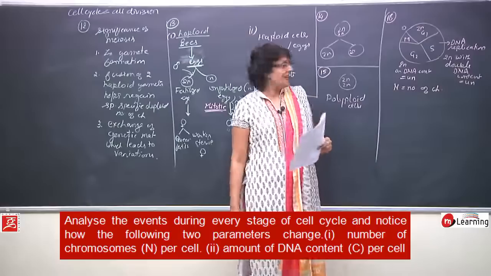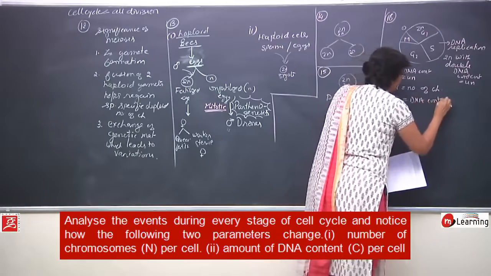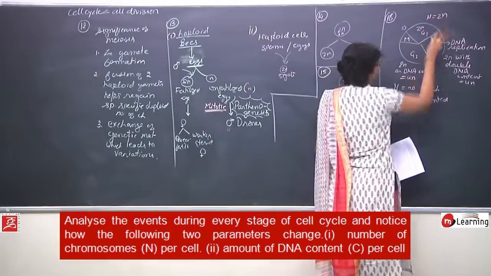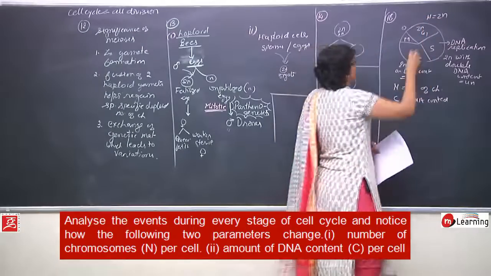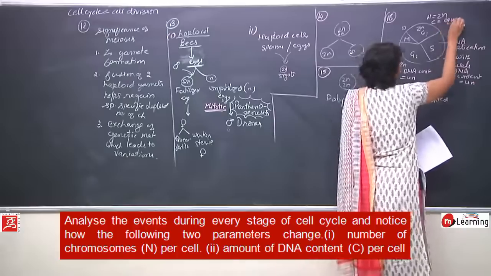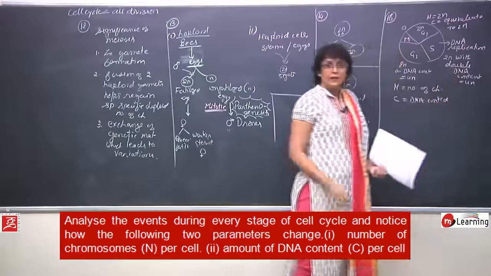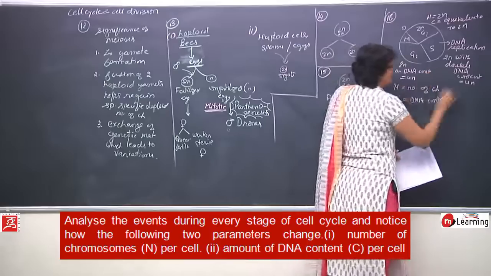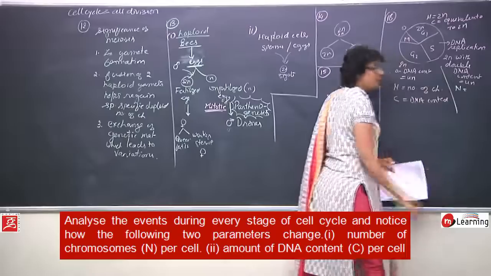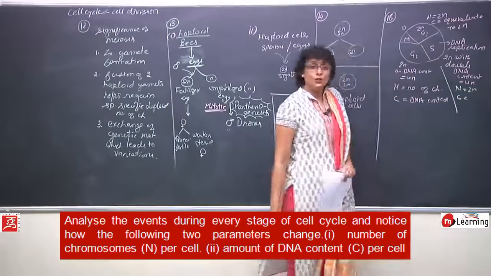Number of DNA content, that is represented by C, DNA content. How much is the DNA content here? Here N is 2N, that is number of chromosomes, and C, that means DNA content, is equivalent to 2N. Clear? Here, how much is N in case of S phase? Number of chromosomes is 2N, but DNA content is equivalent to 4N.